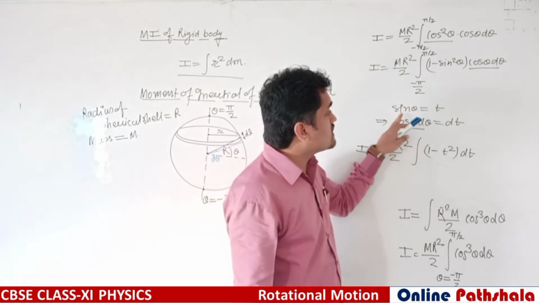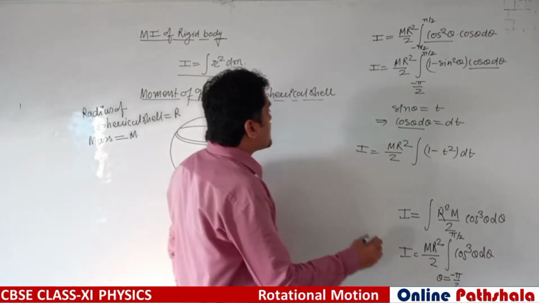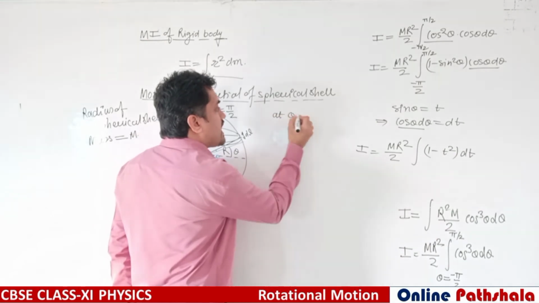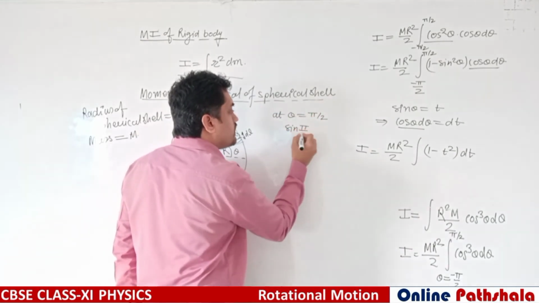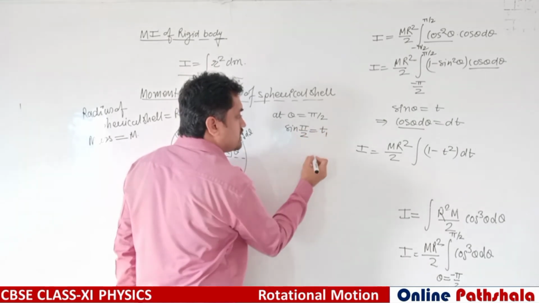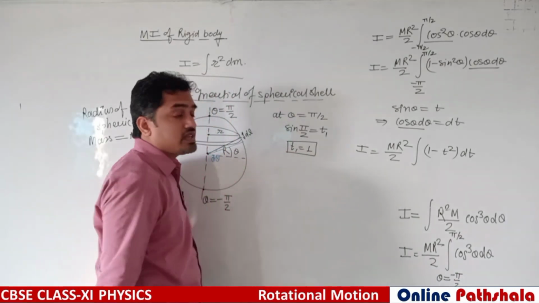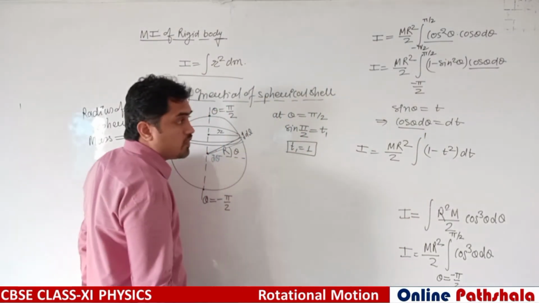If we are using sin theta is equal to t, then at theta is equal to pi by 2, sin pi by 2 is equal to t1. So, t1 is equal to 1. So, the upper limit is equal to 1.